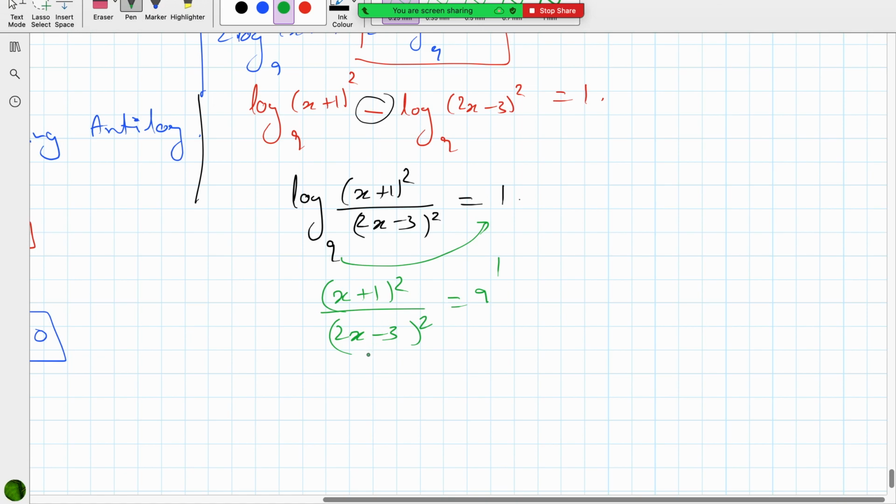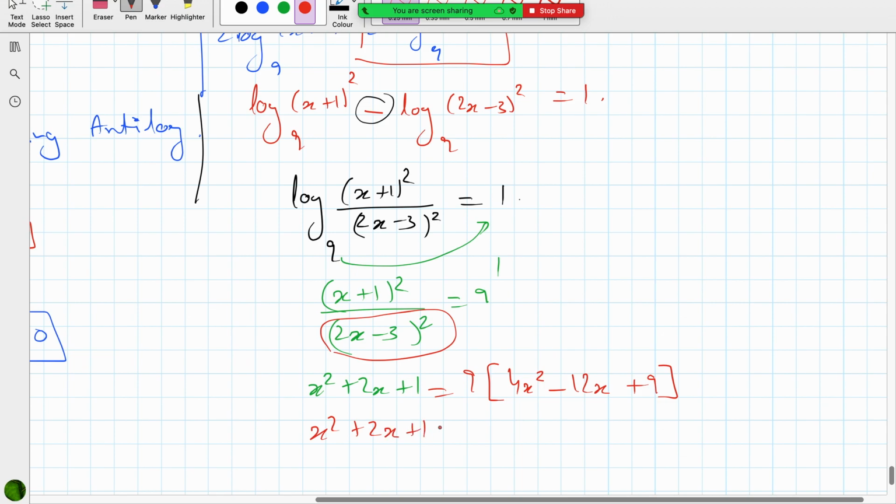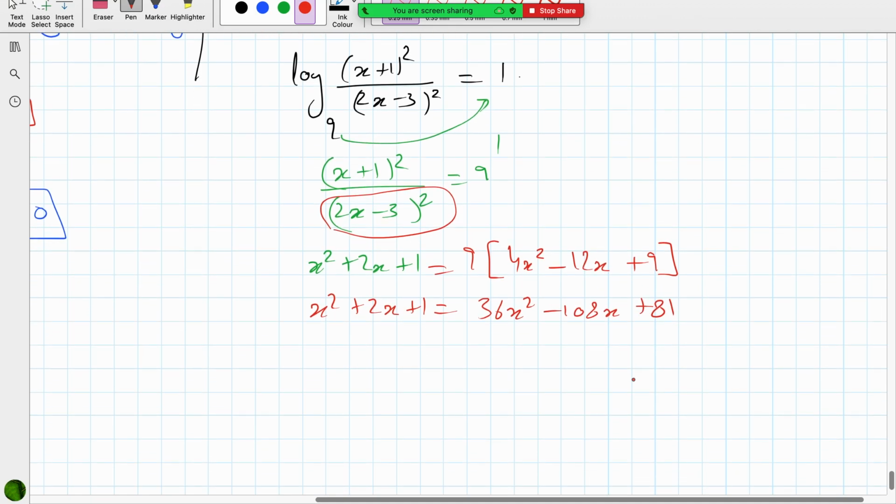Now we simplify. This becomes a square plus 2ab plus b square in the numerator, and this thing expands and goes on the other side, becomes 9 into a square minus 2ab plus b square. x square plus 2x plus 1 is equal to 9 into 4x square, that is 36x square. 9 into 12 is minus 108x. 9 into 9 is 81.